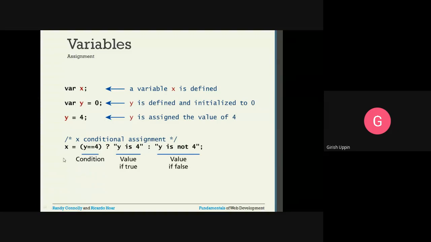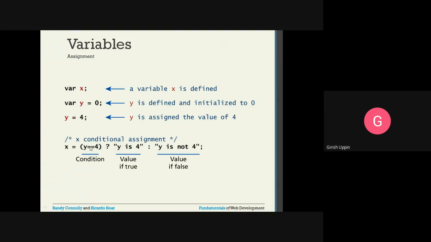This is the conditional assignment: x equals, so y equals 4 is the condition. If you remember the question mark and colon operator, we have unary, binary, and ternary operators.